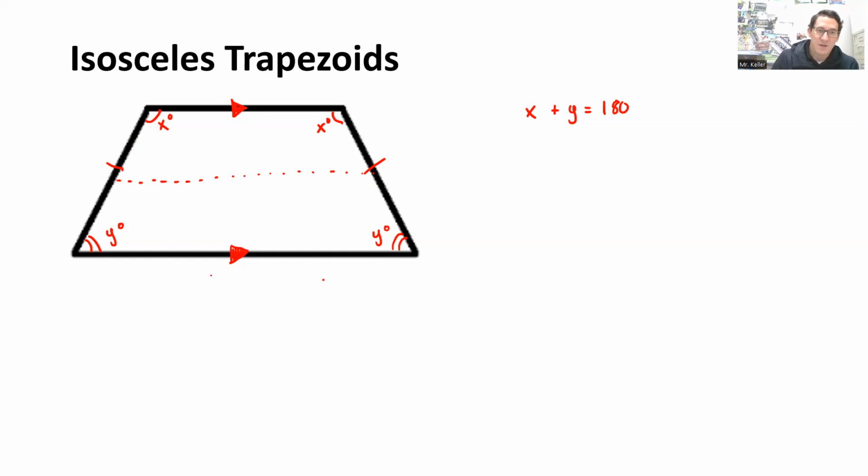So if I call this base one, and this one up here base two, if we add those together and divide by two, because we're taking the average, the mean between the two, that's going to be equal to the mid segment. We'll call it M. I think those are the important ones.